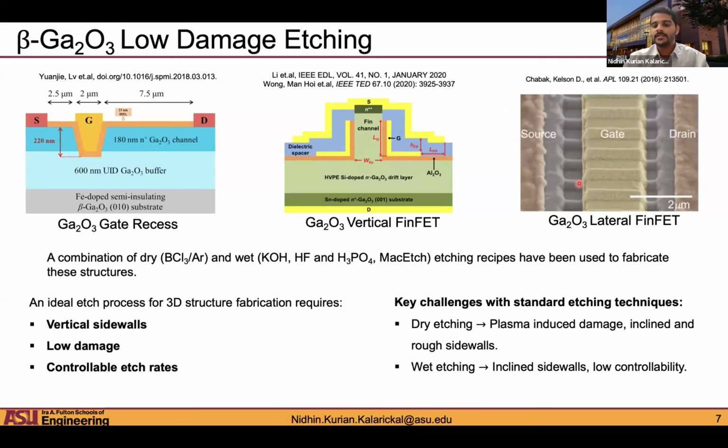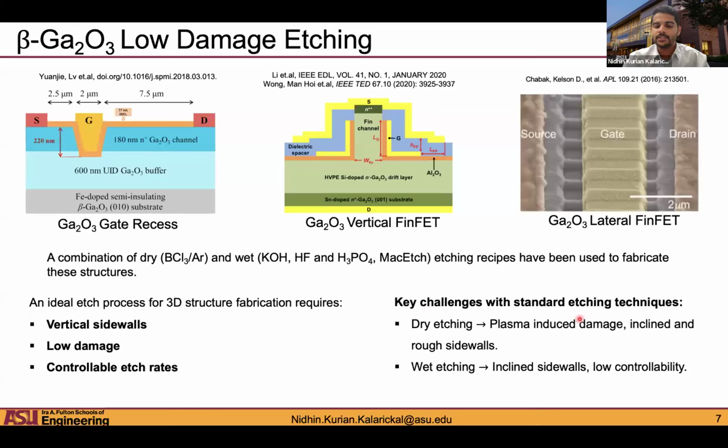The important thing here is you need good etch techniques to make these three-dimensional devices, which are important for gallium oxide. Typically, most of these devices are etched using dry etching, which is one key technique. There are also reports of wet etching using HF, phosphoric acid, KOH, and so on.